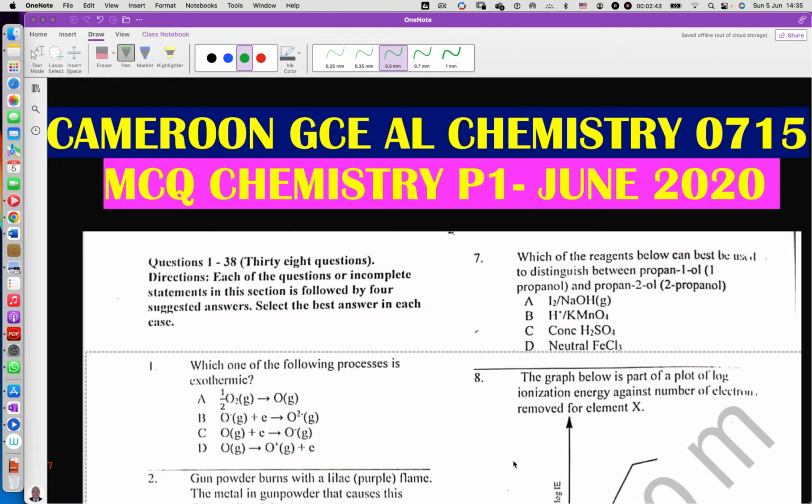Of course, it is endothermic. So, from all these reactions, the only reaction that is exothermic is reaction C, the first electron affinity of oxygen. Reaction C is the answer.